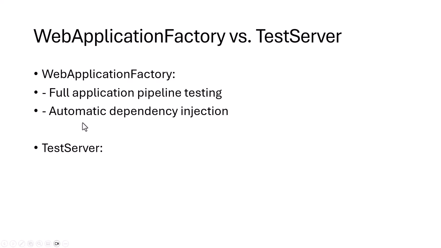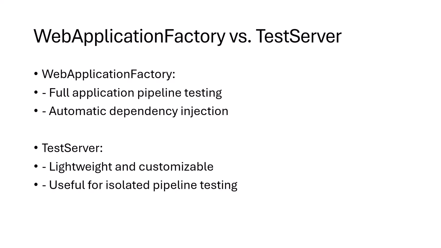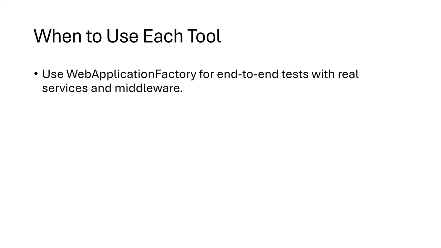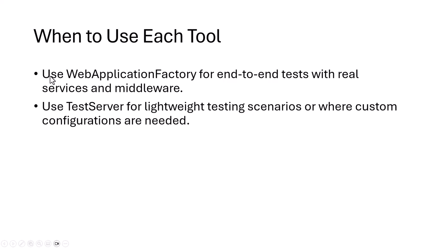Web application factory gives full application pipeline testing and automatic dependency injection, while test server is lightweight and customizable, useful for isolated pipeline testing. Use web application factory for end-to-end tests with real services and middleware, and use test server for lightweight testing scenarios or where custom configurations are needed.